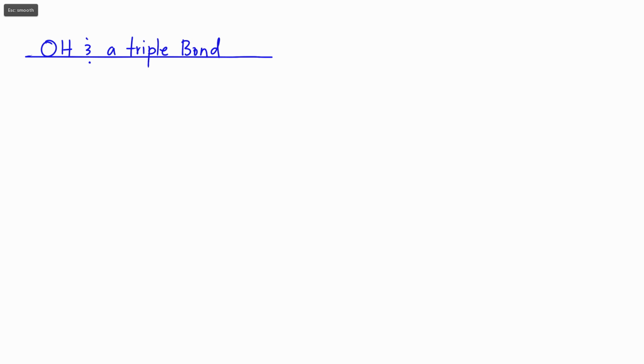So we know that the OH takes priority over the triple bond. Okay, so I can say OH has a higher priority than the alkyne.